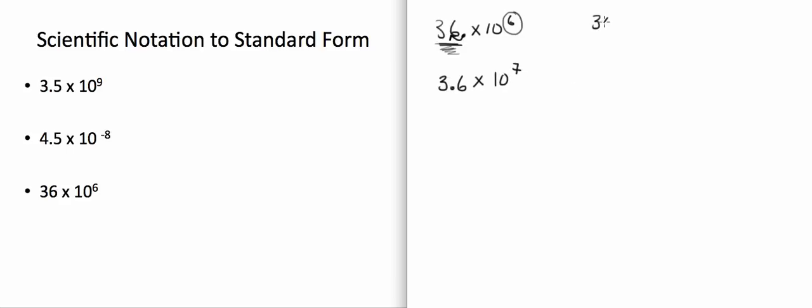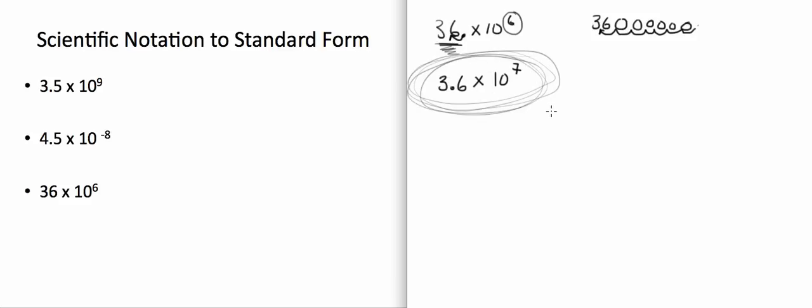If we write this out as 36 and then 6 zeros behind it, 1, 2, 3, 4, 5, 6, actually in true scientific notation we'd move the decimal 7 places to get it to 3.6. So we need it to look like this, so that it is in true scientific notation.